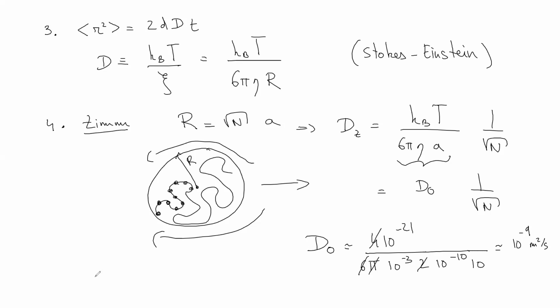And so now the Zimm one is much smaller. And if we take N equal to 10,000, as we did in the first tutorial, well, we are dividing by 100, so it's 10 minus 11. So it's much smaller than the motion of an individual object, of course. That's one proposal. In fact, we will see and discuss that later, but this proposal is valid for polymer chains in solution.